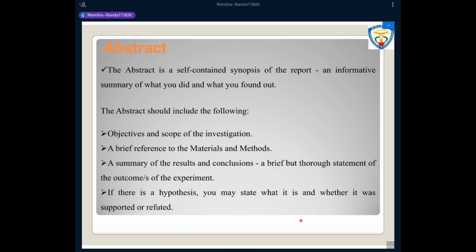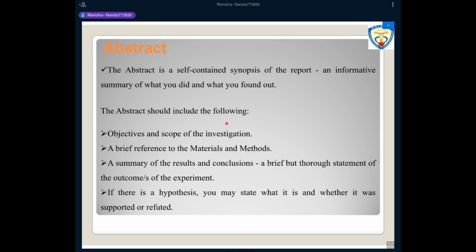Okay, then comes the abstract. Now, abstract, as the name defines, is the crux of what you have done in very few words. An abstract normally ranges from 150 to 200 words, which I consider sufficient for a good abstract, and it defines your research in a very precise form. The abstract is a self-contained synopsis of the report, an informative summary of what you did and what you found out.